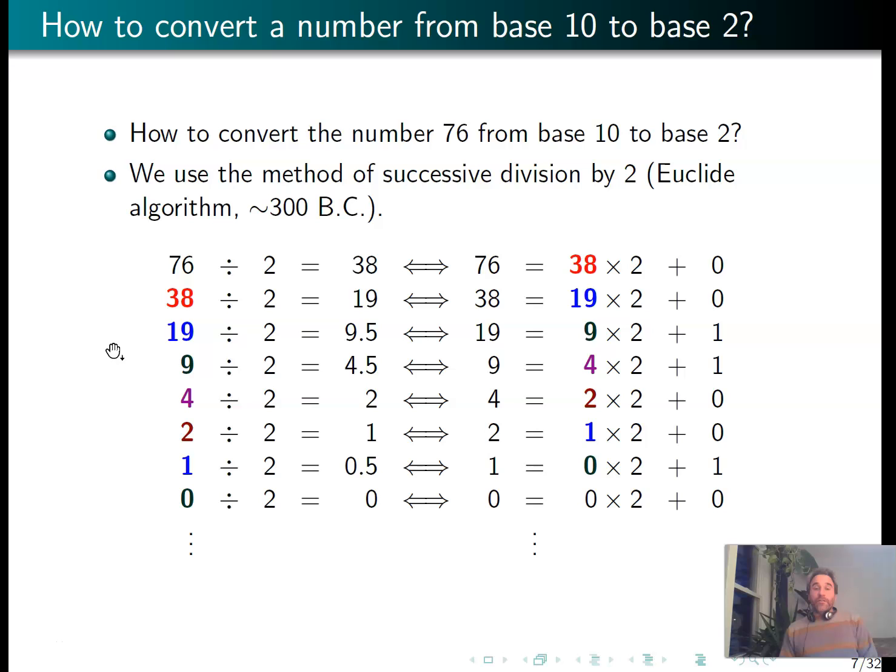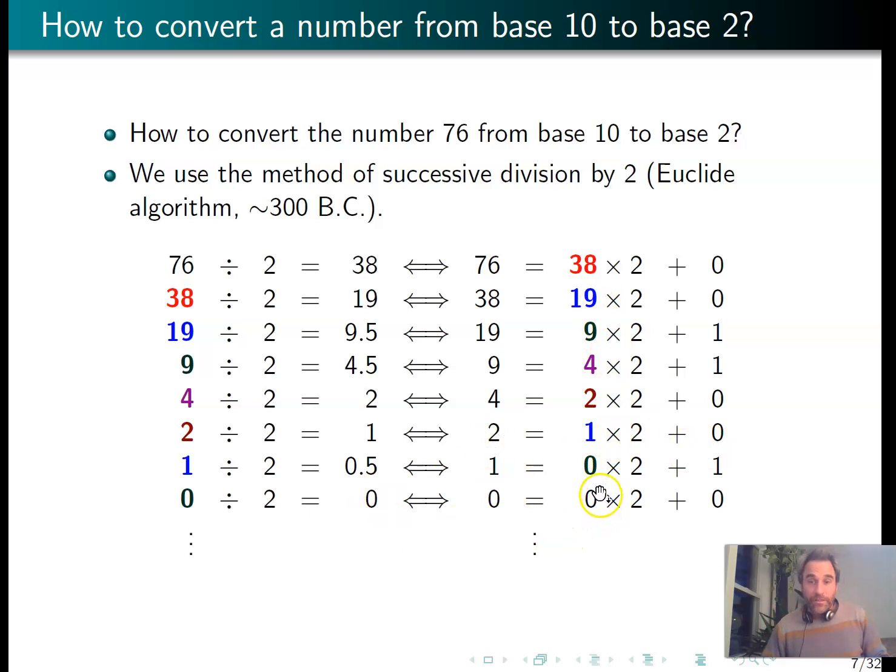So 19 divided by 2 is 9.5. So 19 is 9 times 2 plus 1. But 9 is greater than 1. Whenever the number I obtain that multiplies 2 is bigger than 1, I need to divide again by 2, so that I can close the number.